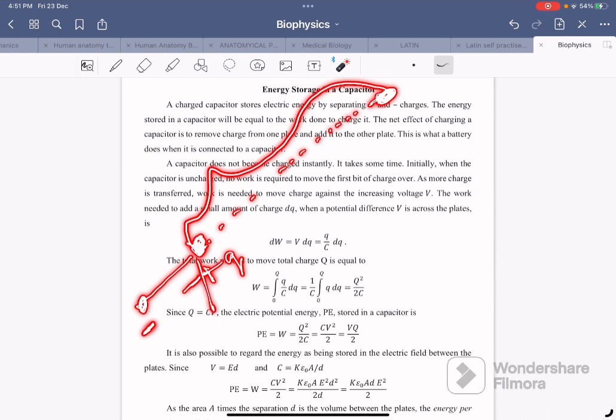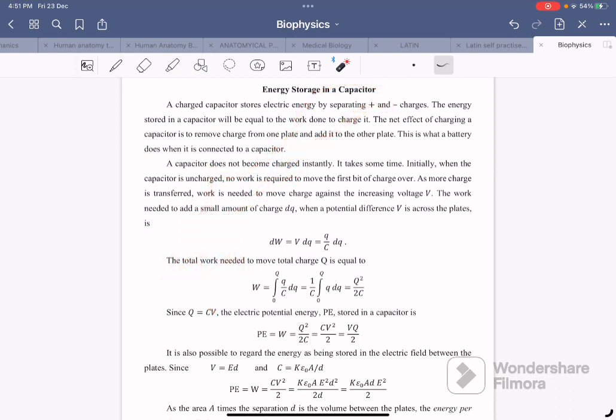It can induce attraction or repulsion according to the type of the charges. So that is the work done required to bring it up to a certain distance. That is the potential difference between the two charges.